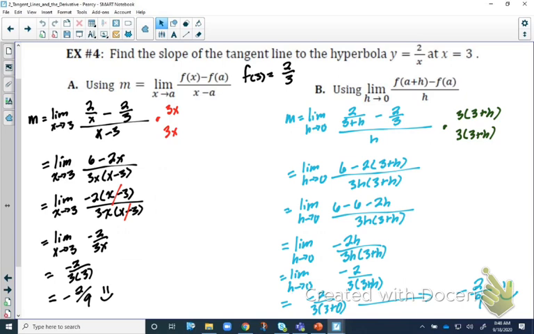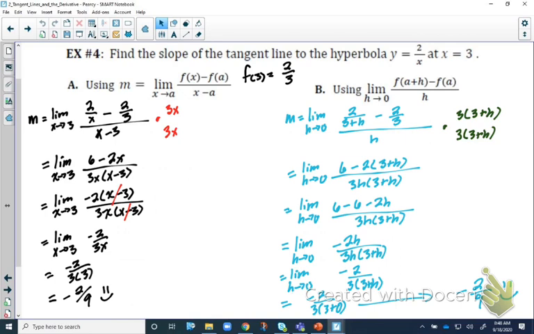Now in B, what we're seeing is the limit definition of the derivative. And in this case, because we know what we're evaluating it at, we're still evaluating it at x is equal to 3, the numerator on the right side does not have the x, or actually it doesn't have x at all in the numerator, or a in this case is the way it's written.